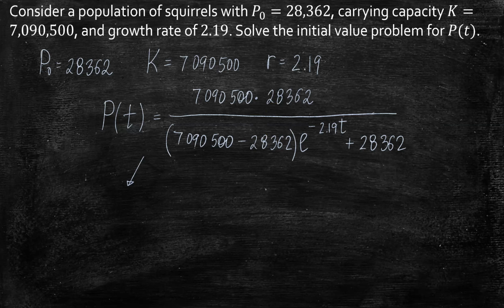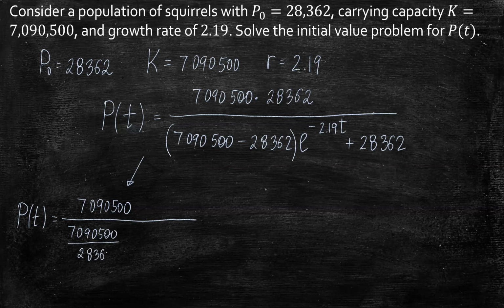But the easiest way to avoid some heavy computations will be to reduce everything by 28,362. So we can rewrite P of t as, again, I'm just dividing everything by that number, including the numerator and the denominator. So in the denominator, what we have in parentheses, everything inside has to be divided by that number. And if we put that in the calculator, we should get 250.